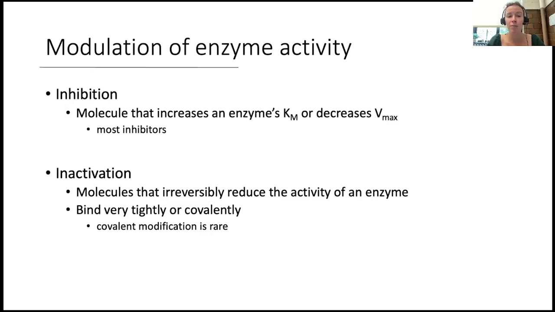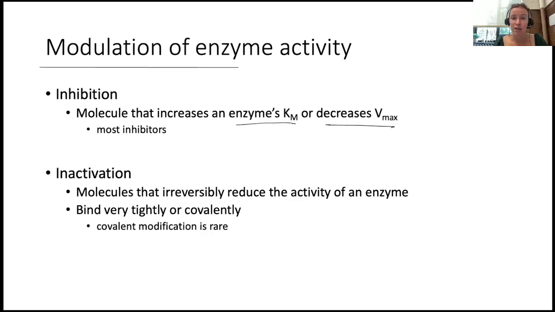And we will call an inhibitor any molecule that either increases the enzyme's Km or decreases the enzyme's Vmax. This is going to be the vast number of inhibitors. And also, most of the types of pharmaceutical drugs that you take are likely inhibitors.